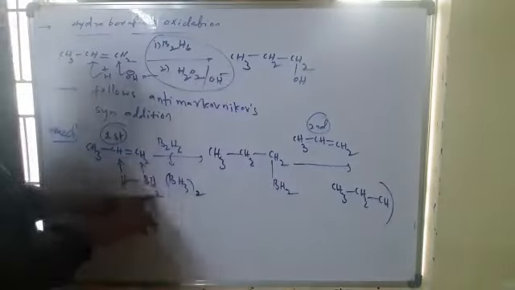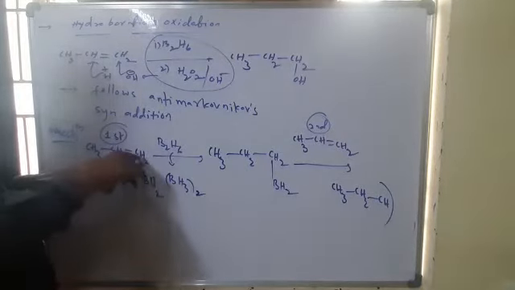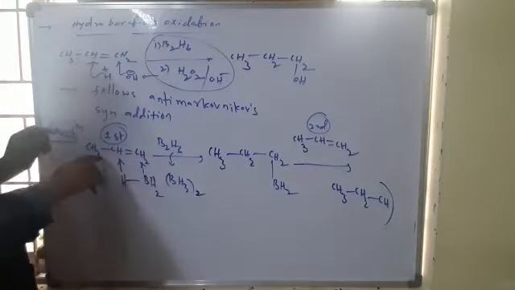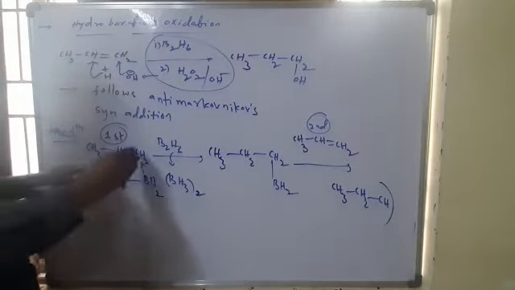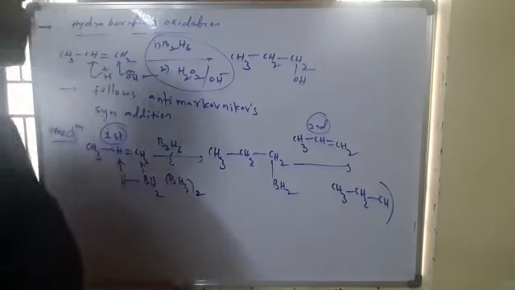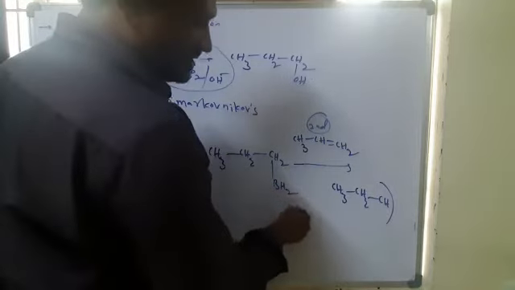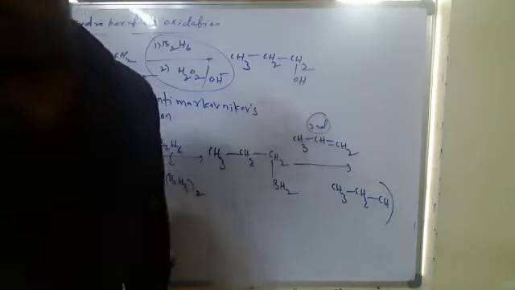Always the BH2 will attack the less hindered side. BH2 will attack the pi bonded carbon. This side, methyl, is highly hindered, and this side with 2 hydrogens is less hindered. So BH2 attacks at the less hindered side. In this case also BH2 again attacks at the less hindered carbon, right?